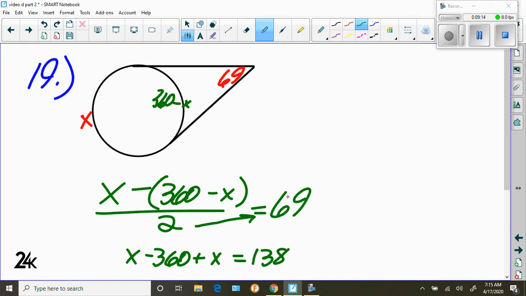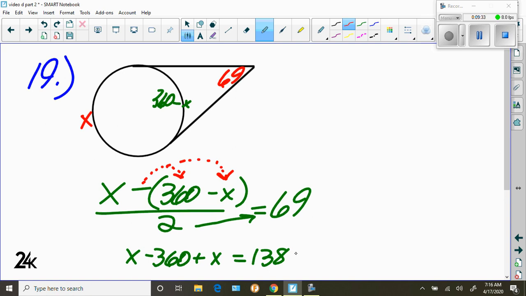Because if that was 70, it'd be 140. Do you understand what I just did there? I distributed this here and that there. So it was negative 360, but a negative and a negative is a positive.